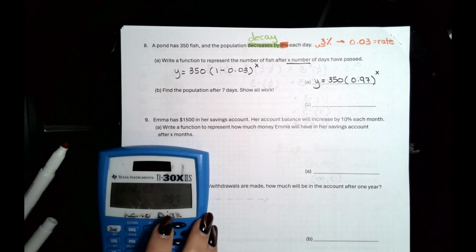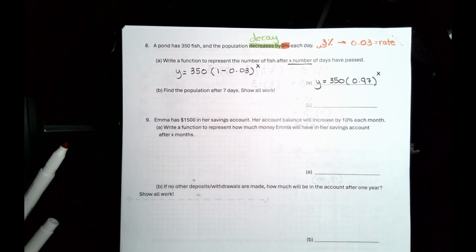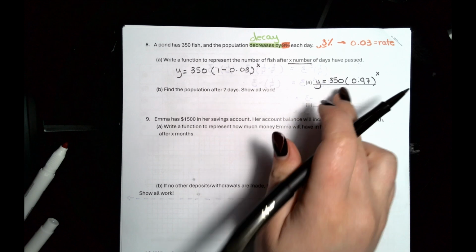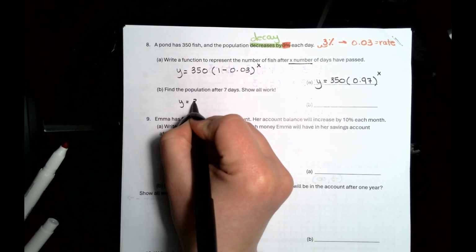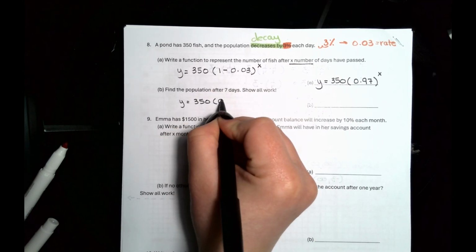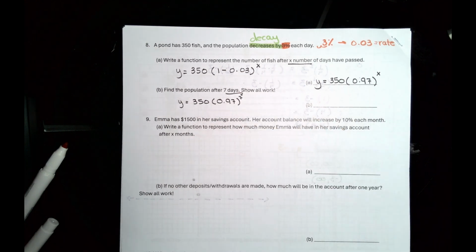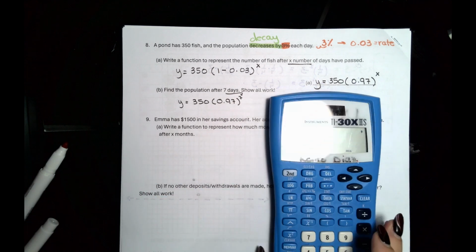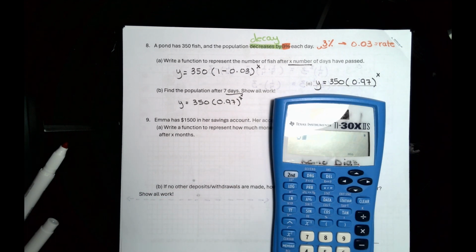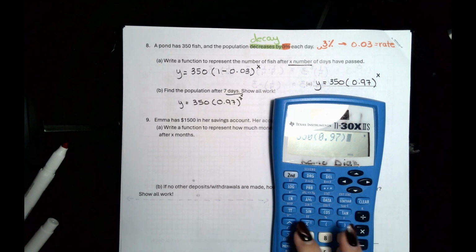Find the population after 7 days. So again, depending on which equation you use, let's go ahead and use this one. We're going to take the equation that you have created, and you're going to plug in 7 as your x. Now you're going to type that into the calculator exactly how you see it. 350, open parenthesis, 0.97, caret 7.